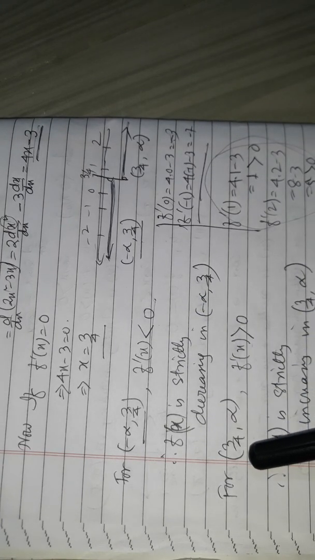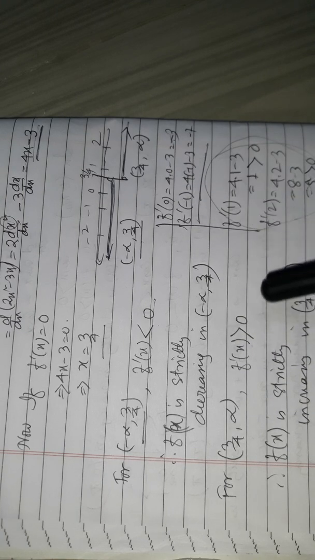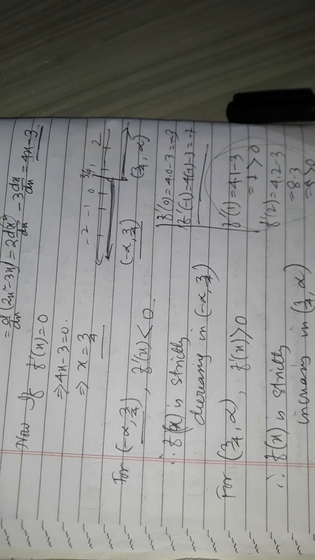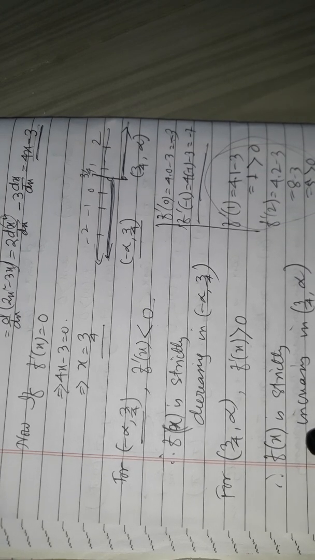For the open interval 3 by 4 to infinity, we found f dash x gives all positive values, confirmed by checking. Therefore it is strictly increasing on this interval.